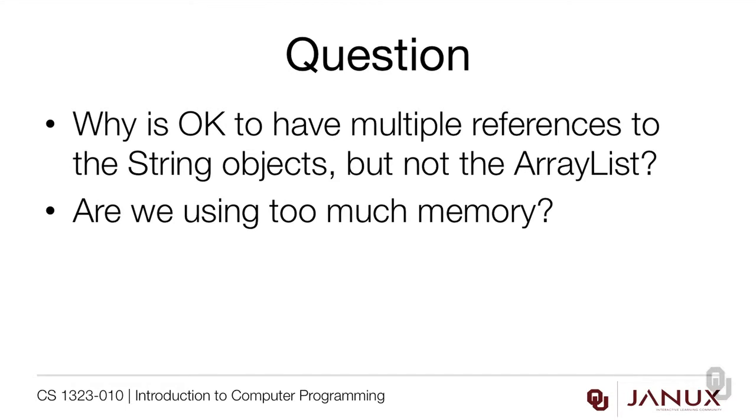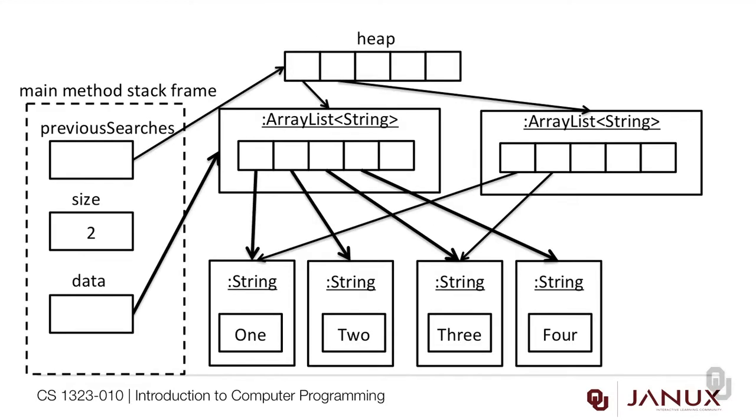Now, another question you might ask is, are we using too much memory? And the answer there is really no. I'm going to go back to the previous slide. Notice, for example, that the only memory we're really using is just for these additional array list objects. We're not repeating the strings. Remember that while I'm showing little tiny things in the strings here, the strings could be quite long.